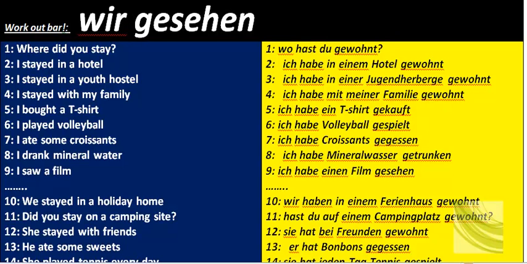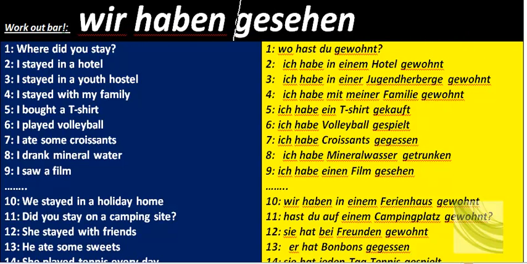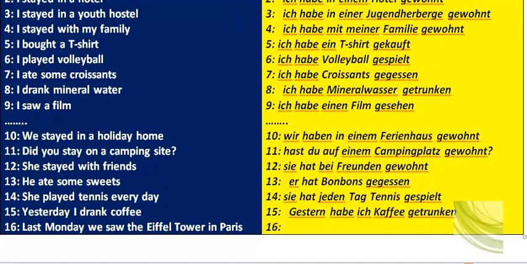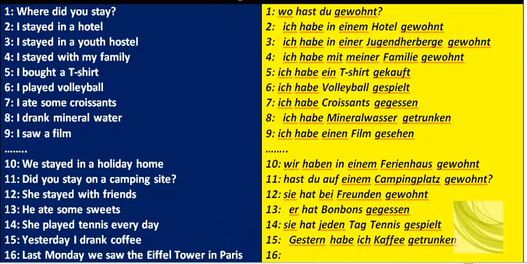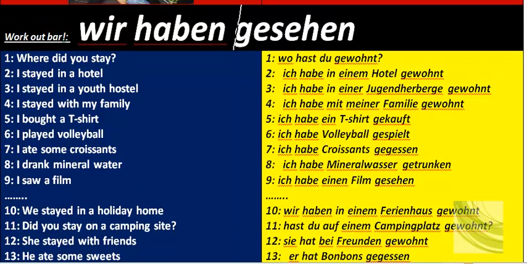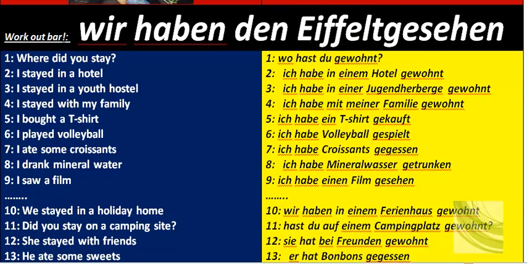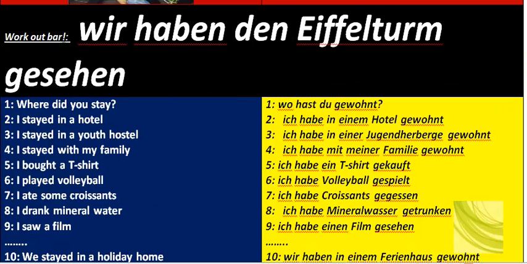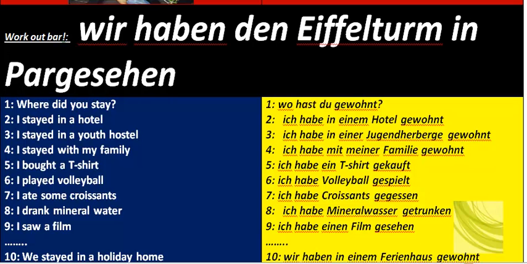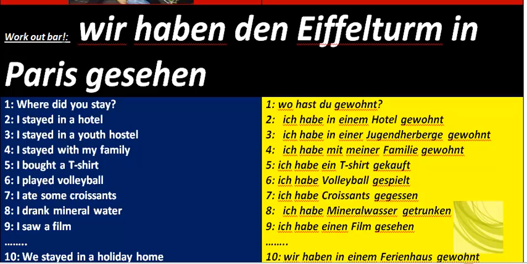Remember, is wir haben gesehen. Okay, and then what we actually saw, which is den Eiffelturm. So den, and then Eiffelturm, the Eiffel Tower. Okay, so wir haben den Eiffelturm in Paris gesehen. We saw the Eiffel Tower in Paris.